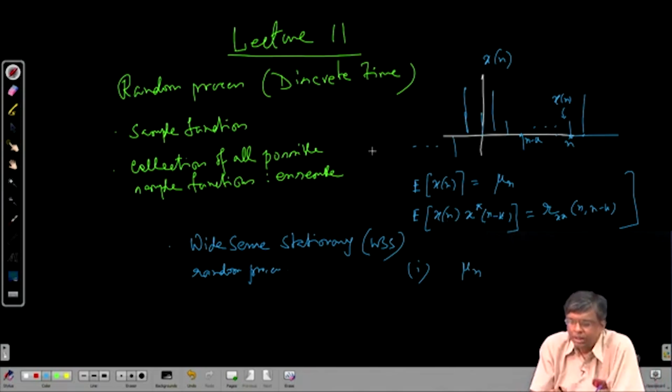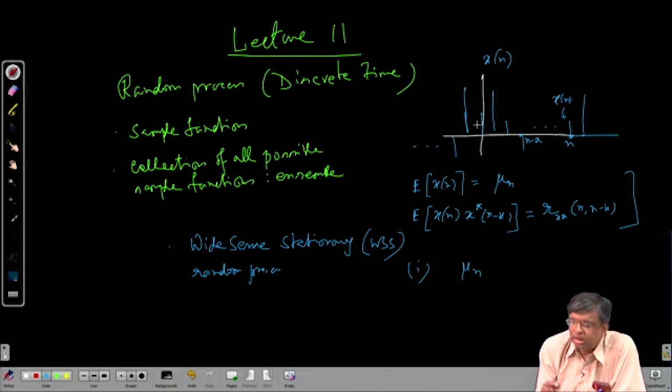It means the waveforms are fluctuating one after another as I do experiment after experiment, but the randomness, the fluctuating property, is not having any bias on a particular zone of this axis. I will see the same degree of randomness at this nth point as at the n minus 1th point, and so on. And therefore, the mean of this random variable at the nth point or at the n minus kth point will be the same, because there is no bias on a particular time point or on a particular zone in this axis.